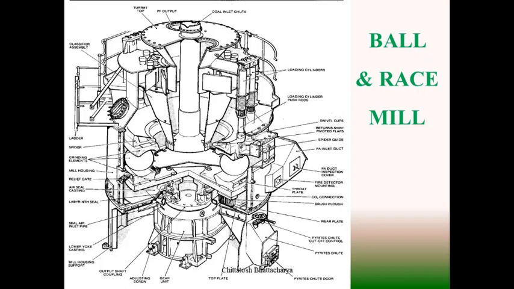So this comes again to the top in the classifier zone, and enters the classifier through the classifier blades. There is a swirling effect. Heavier particles fall back into the yoke through the skirt, and lighter particles, according to fineness, pass through the turret to the coal carrier pipe. So this way the ball and race mill works.